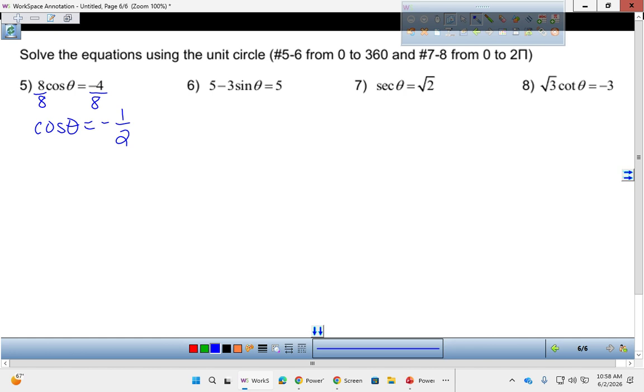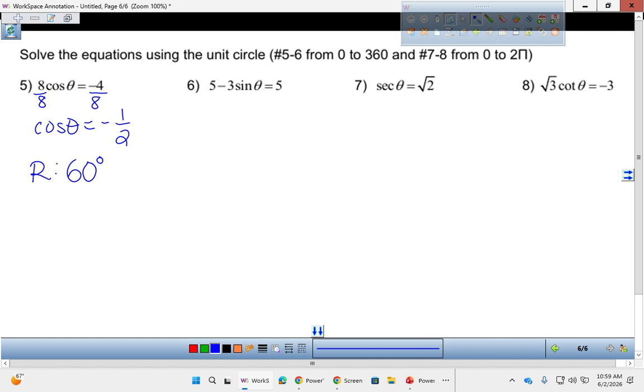Cosine is x, right? So what I'm looking for on my unit circle is, where is x 1/2? 60 degrees. And the question does say 5 and 6 we're going to do from 0 to 360. So we're going to use the degrees. So I am going to refer to 60 degrees when I answer this problem. I don't know where cosine's negative 1/2, but I know that it's 1/2 at 60 degrees.